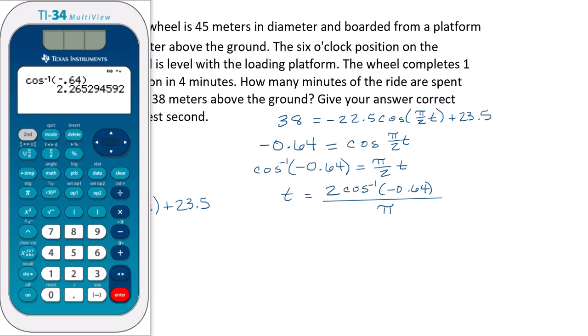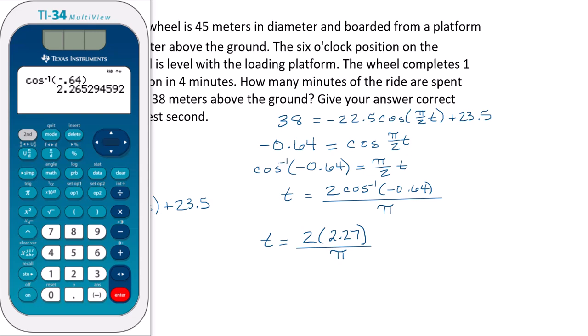So this number here of inverse cosine of negative 0.64 I can replace with 2.27. Of course, keep that exact value in your calculator to use so you don't have round off later.